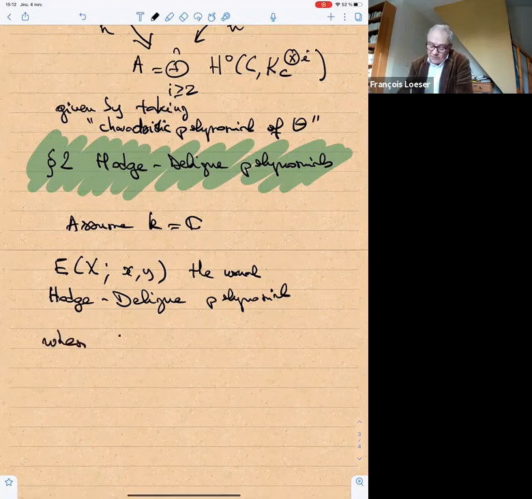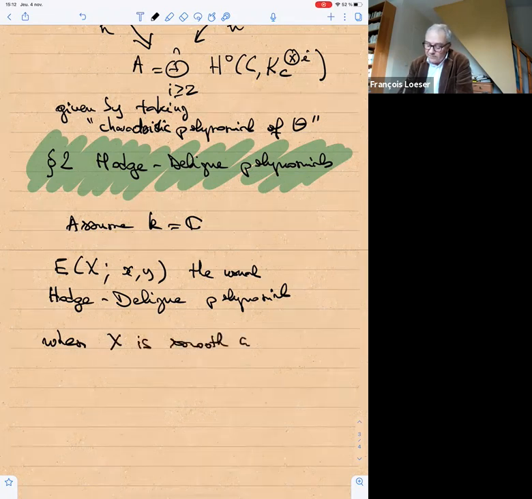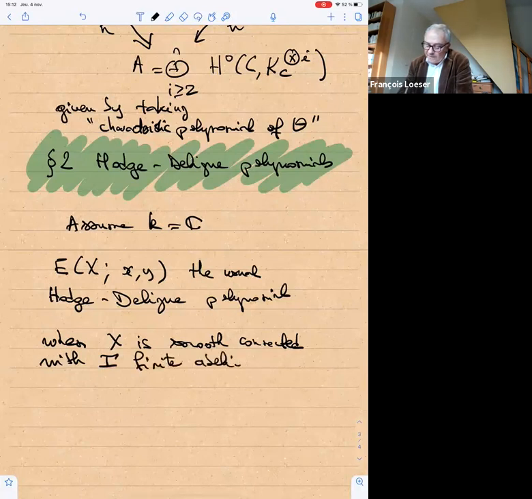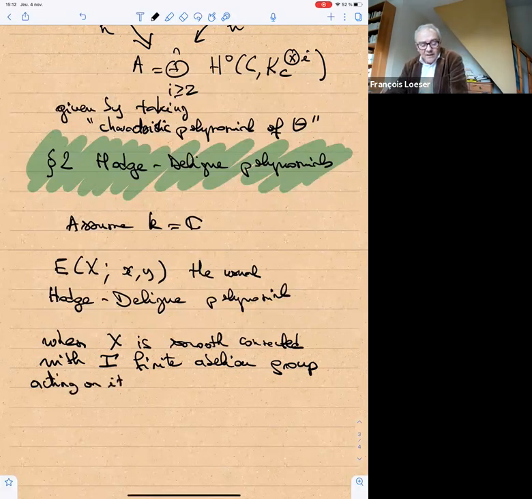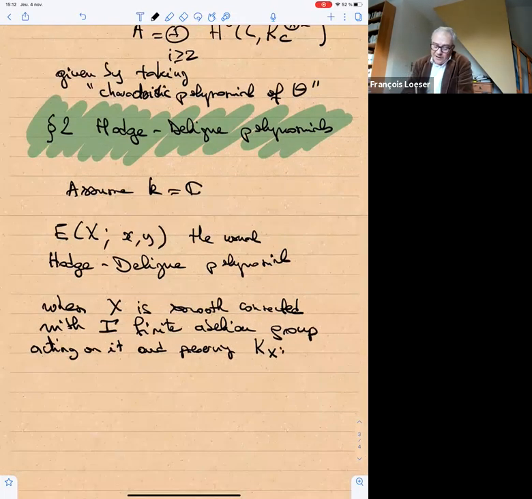But this Hodge polynomial is not enough for what we consider here. So when X is smooth and connected, and I have, say, a finite abelian group gamma acting on it, I will now define the stringy Hodge polynomial.